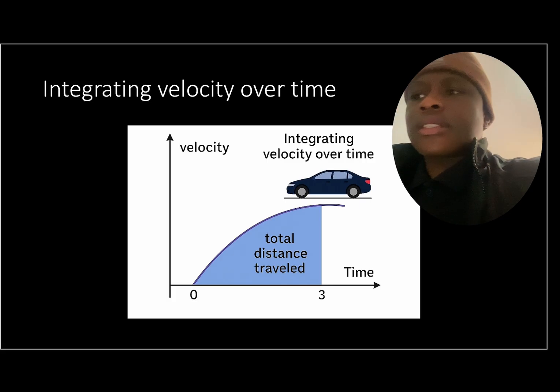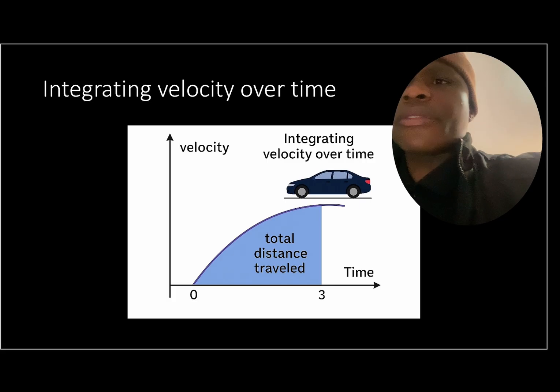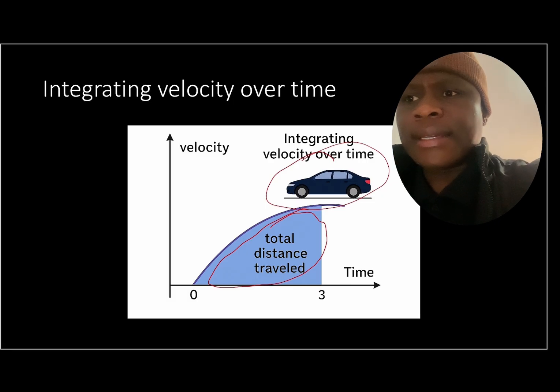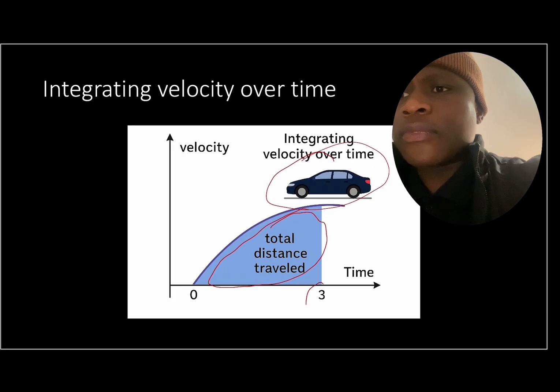Let's look at another example. Here we have a car. We have a velocity-time graph where we integrate the velocity over time to calculate the distance, or we can say the displacement of this car. We're going to calculate from time zero to 3.